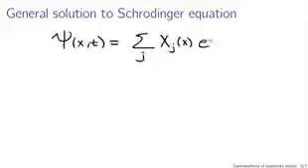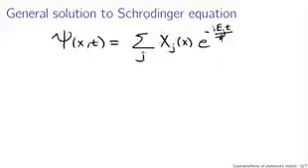And we know the time part from when we discussed separation of variables: e to the minus i E sub j t over h bar. So this is a general expression that says we're summing up a whole bunch of stationary state solutions to the time-independent Schrodinger equation, and we're getting psi.